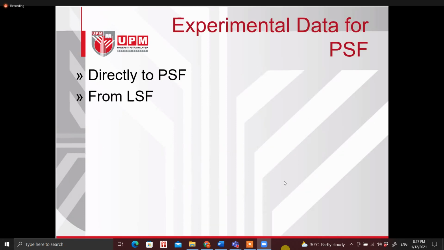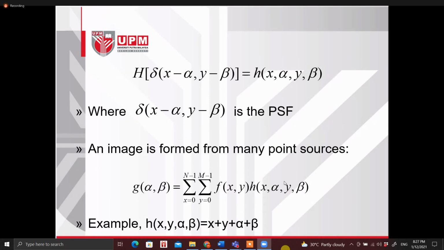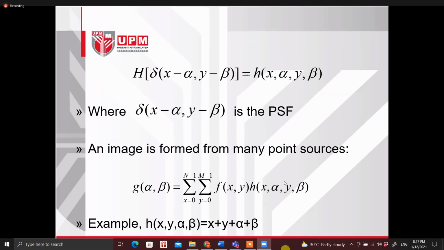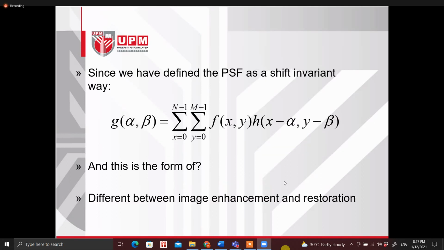Instead of just using x, alpha, beta, we can also use the relative positions of x, y, alpha and beta, and plug that into this equation, and now it becomes f(x,y). This is the same, this is the input image. And we can say that the point spread function now becomes h(x minus alpha, y minus beta).